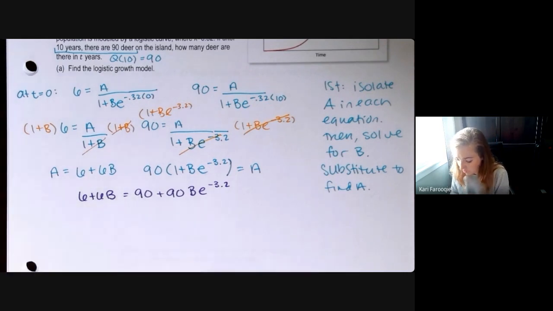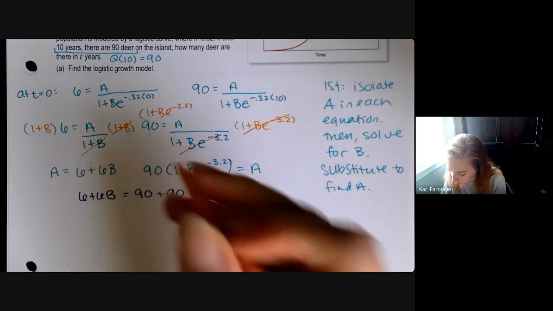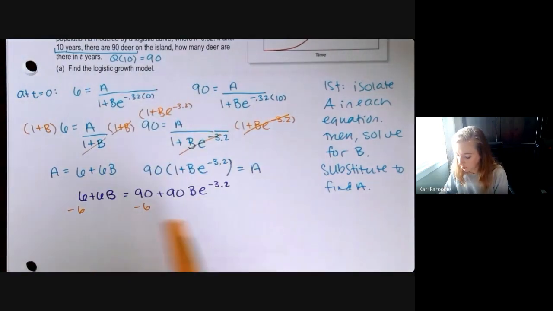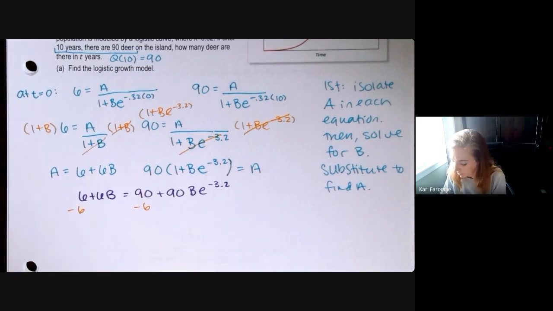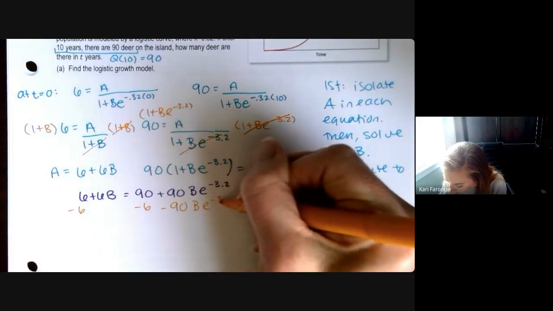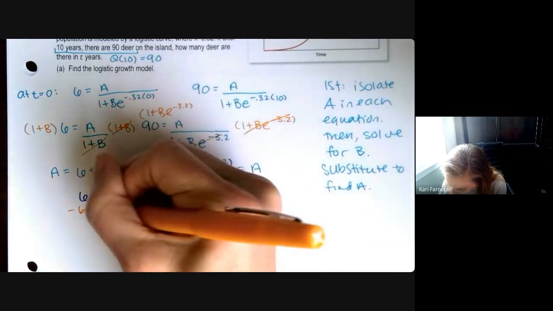So I'm going to subtract 6 from both sides, and then actually, I guess it doesn't matter which one you move where. I guess I'll subtract 6 though from both sides. All right, so I'm going to move the 6 over here, and then we'll bring the b's over to the left, the non-b's to the right. So I'm going to subtract 90be to the negative 3.2 from both sides.